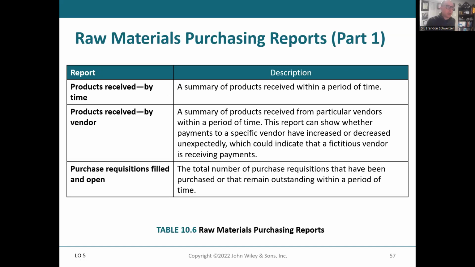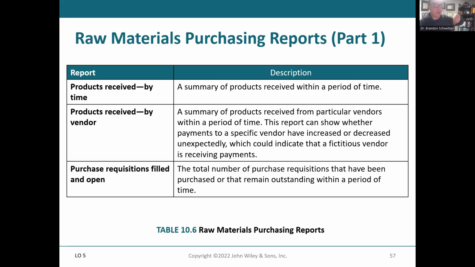Along those lines, let's talk about raw materials. So raw materials, we purchase those from our vendors. They eventually go from raw materials into work in process to finished goods, right? So understanding that concept is really important because when it comes to acquiring those raw materials, we try to do things just in time.